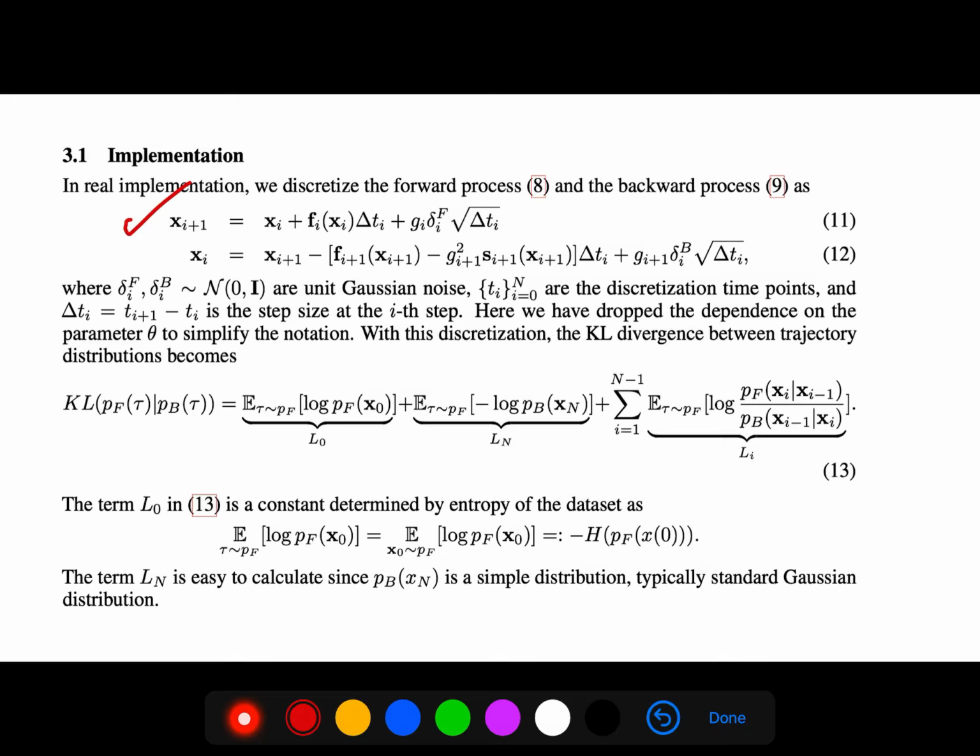So we can see what the KL divergence between the forward and backward looks like. There are three terms. You see these three terms in almost all papers in diffusion-based generation.